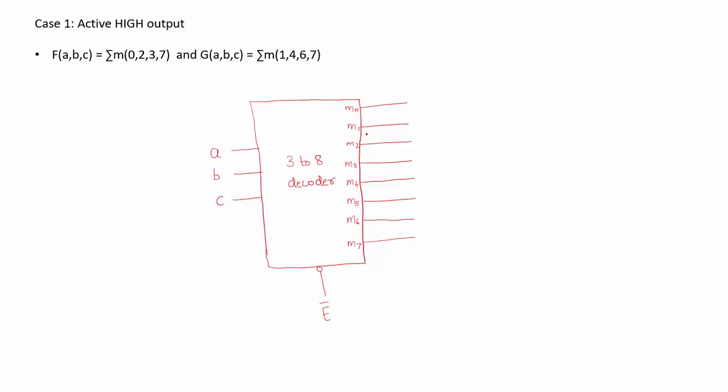So this is 0, 2, 3 and 7. So the output of this OR gate will be function f.